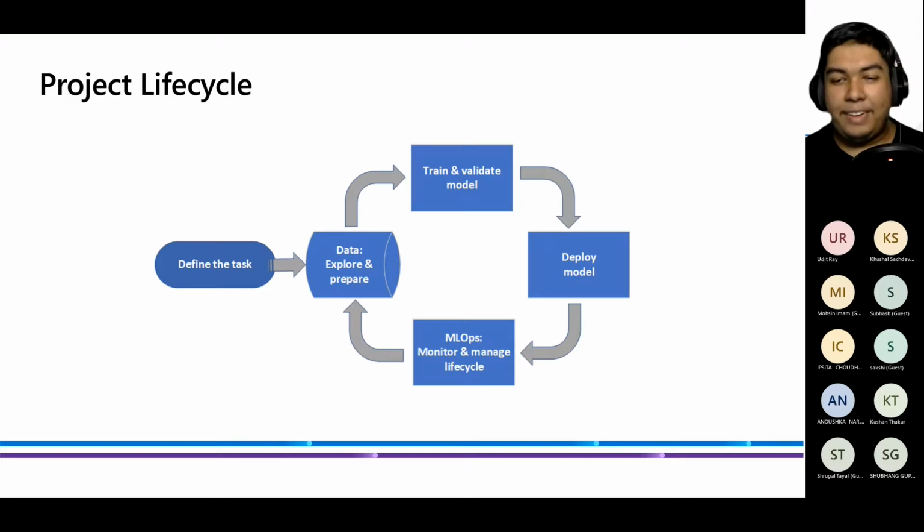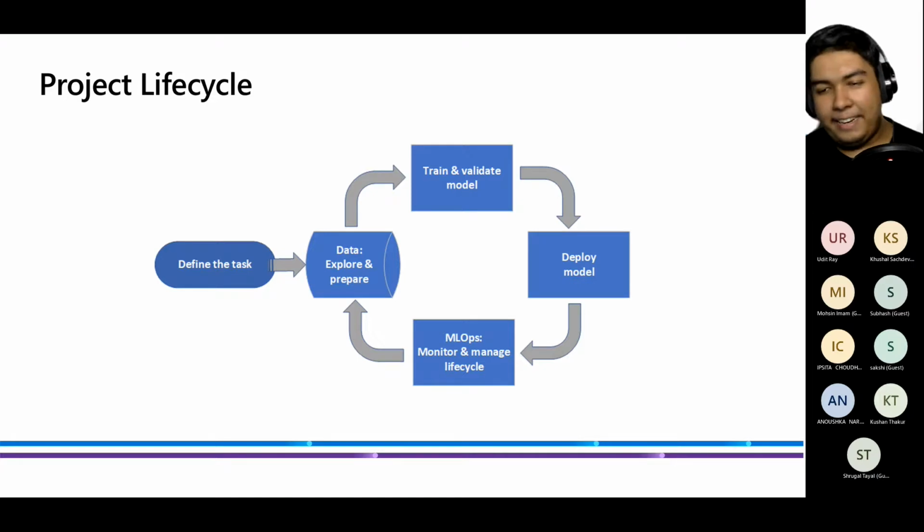And the stuff does not end here. It is an iterative process, and it is really important to keep track of what things are happening. Why? Because there are certain sectors where machine learning is used in a high risk environment, like financial stuff. So you have to keep track of when this machine learning model was created, who created it, and what data was used to create that algorithm.